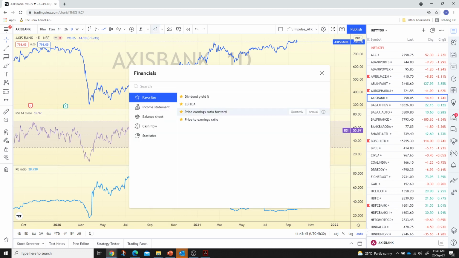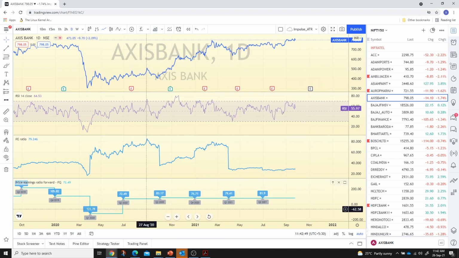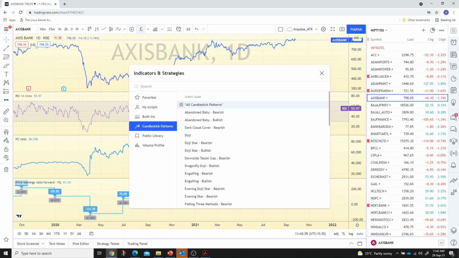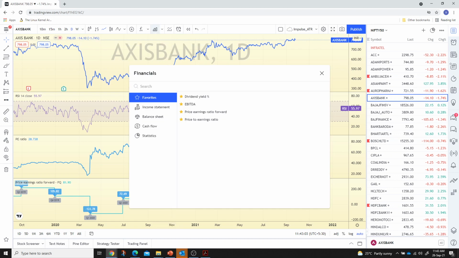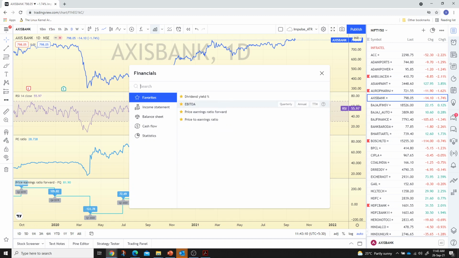I can say forward earnings ratio, for example, and it shows me what's the estimated forward P/E over a period of time. So it is not only price and volume, you can also see financial data. There are quite a lot. Whatever I have chosen to be favorites is shown here. You can also go into depth and choose some of them as your favorites, but this is my list.